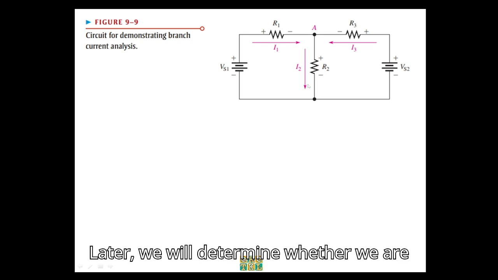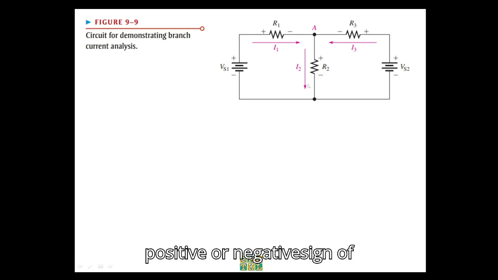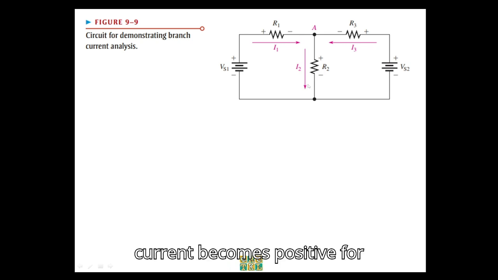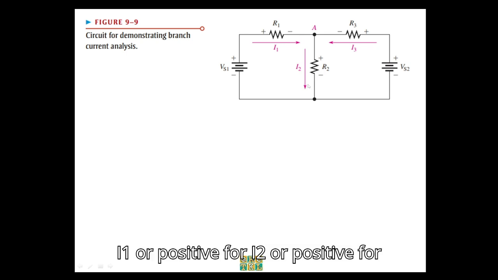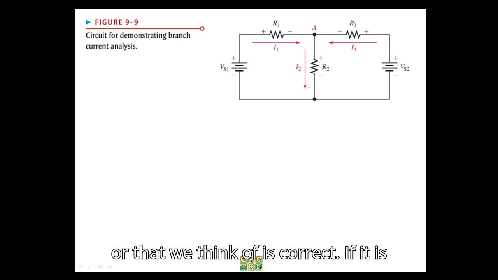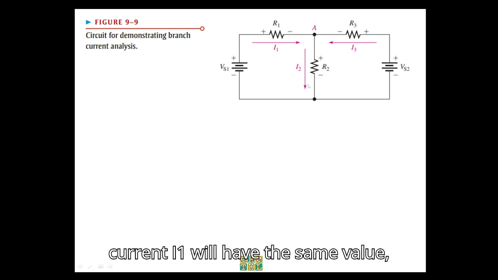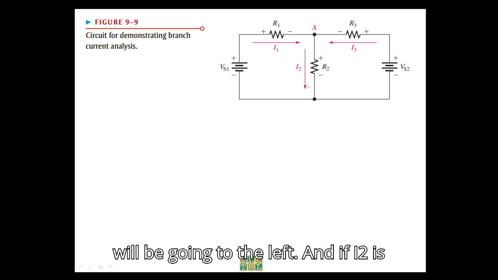Later, we will determine whether we are right or wrong by simply looking at the positive or negative sign of our current after calculation. If our current becomes positive for I1, I2, or I3, it means the direction we assumed is correct. If I1 is negative, then the current I1 will have the same value, but it will not be going to the right; it will be going to the left.